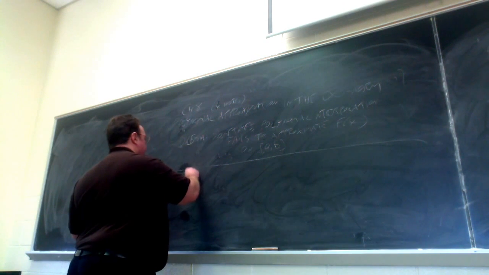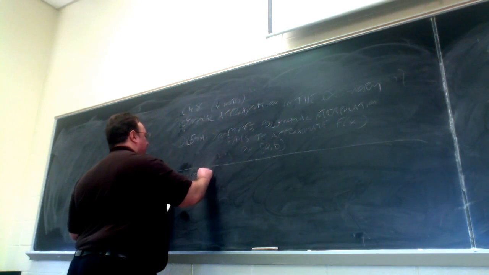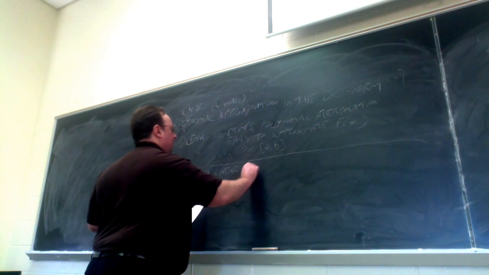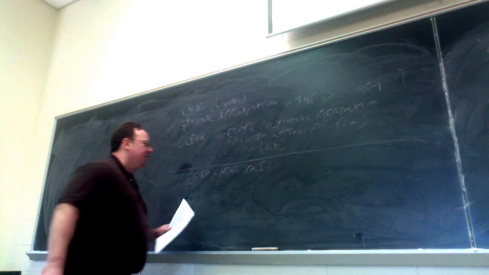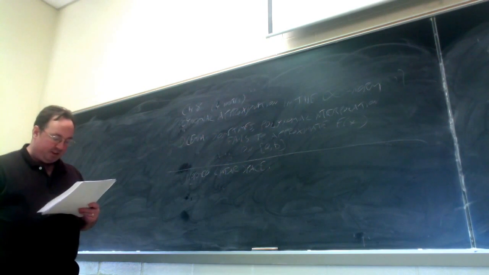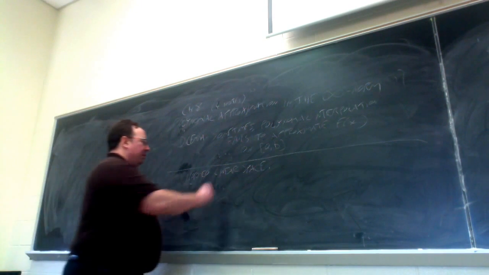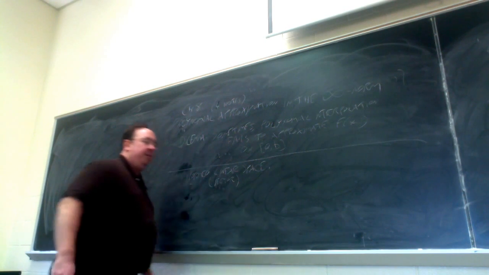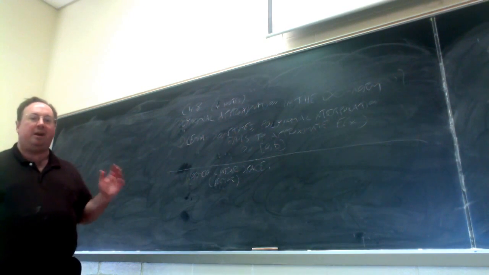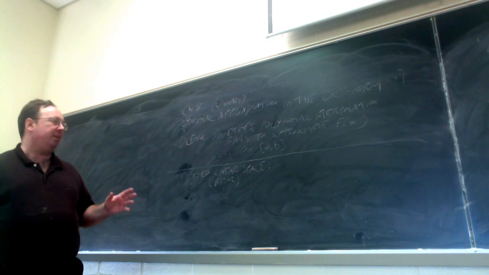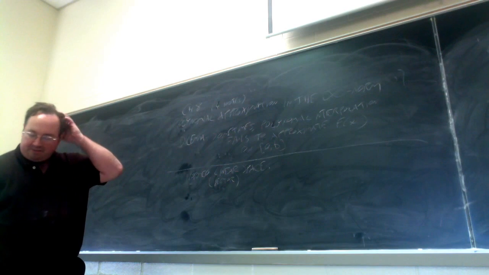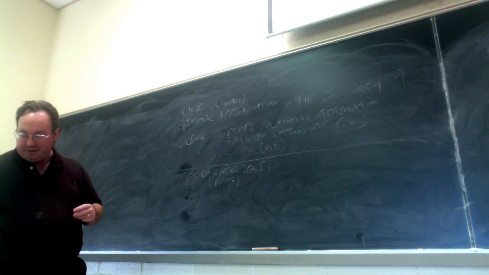So for that I need the concept of a normed linear space. Or by linear space, you can also think of it as a vector space. Right now I'm getting very abstract. I'm talking about not every single vector space, but vector spaces that have a notion of magnitude.